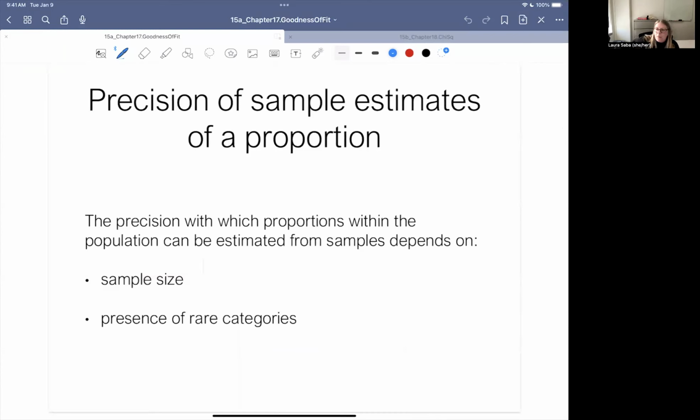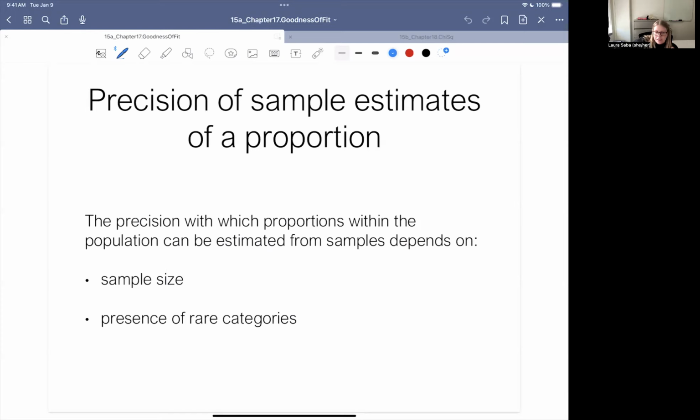When it comes to how precisely we can estimate a proportion, sample estimates of that population proportion are going to depend on our sample size. So just like everything else, the bigger the sample size, the more accurately we can estimate the population proportion from our sample estimate, right?